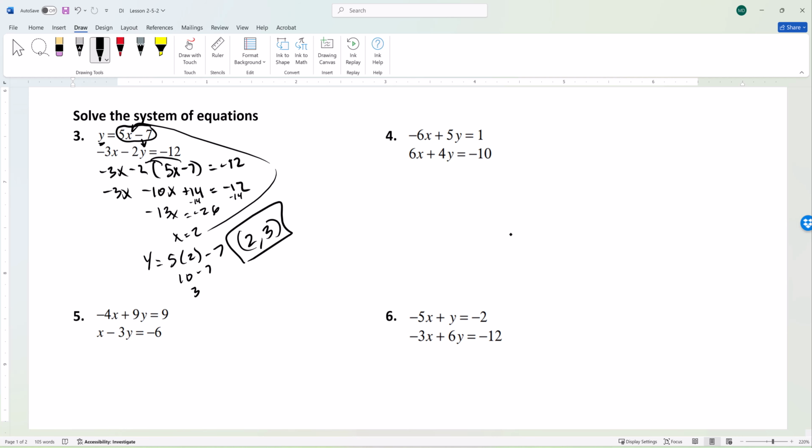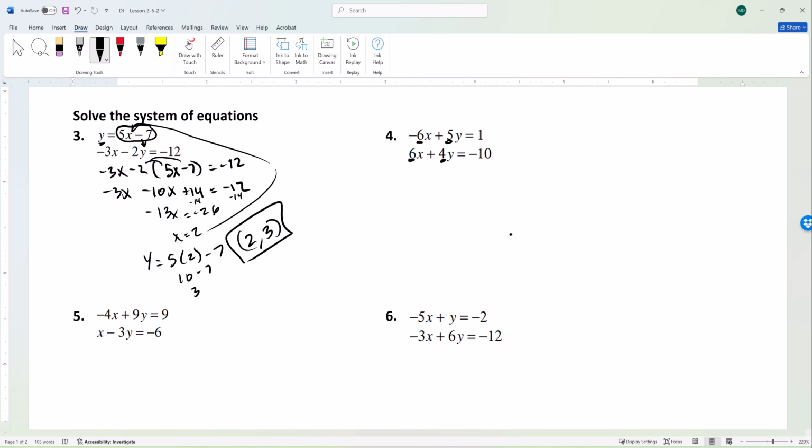Now for number 4, we're going to use the elimination method. The idea is that if you look at the coefficients of whatever the variables are, if it's very easy to make them opposites, meaning the number's the same, one's positive, one's negative, then we can use the elimination method.